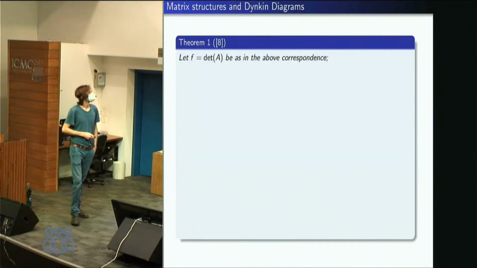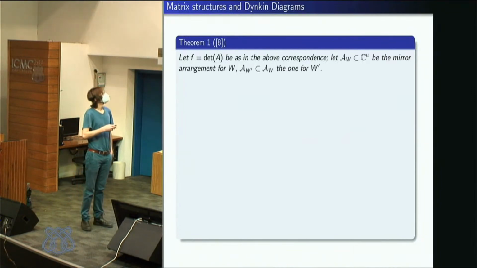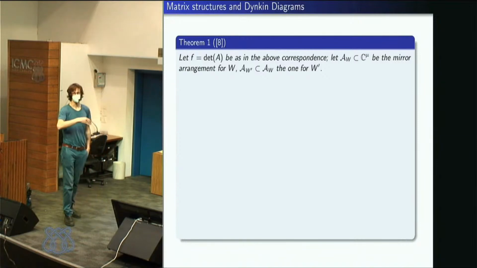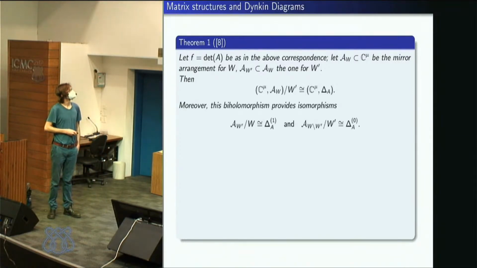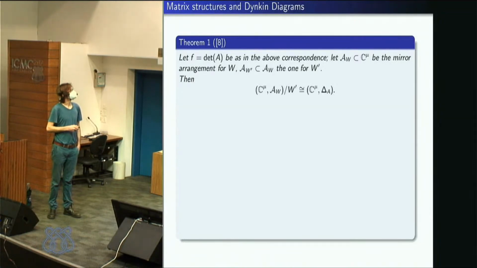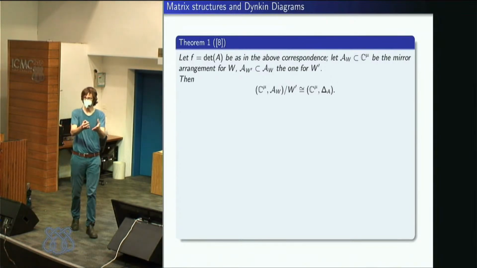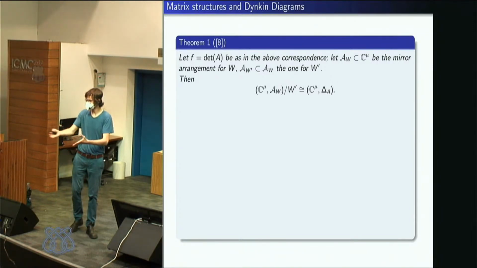And then what happens is, to any choice of such a subgroup, you have a choice of a matrix structure. And if you only mod out by this W prime subgroup, you happen to get the discriminant of the matrix up to GL equivalence.